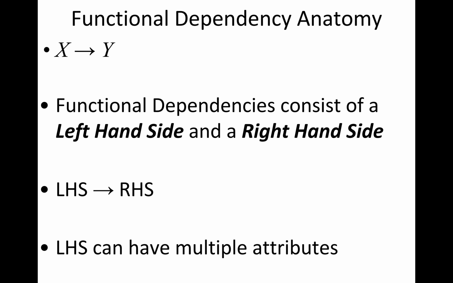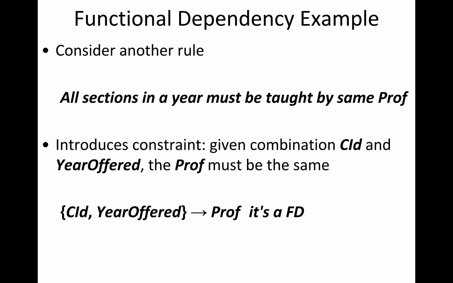In each case, you might have multiple attributes. For instance, in this rule that says all sections in a year must be taught by the same professor: if you know the year and you know the course, for all sections in a particular course, they need to be taught by the same professor.